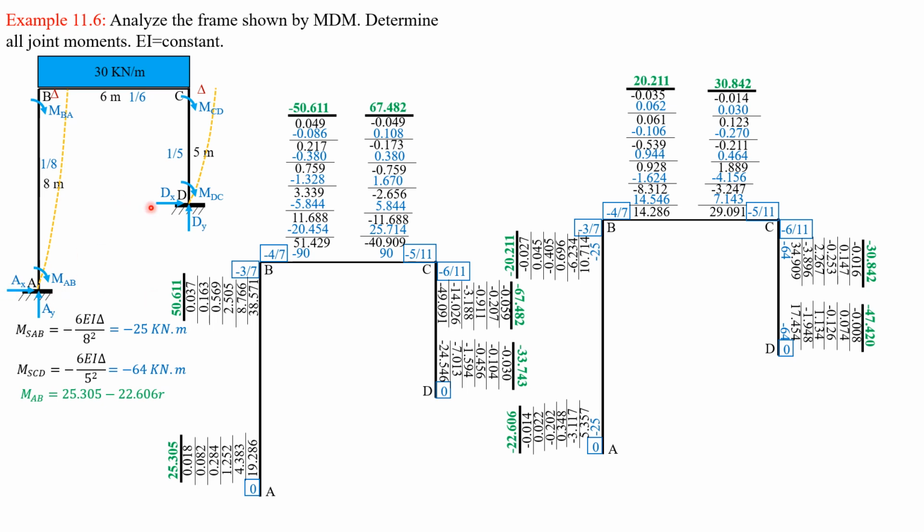So AX plus DX equals 0. I assume that the reactions are all rightward, but definitely because there's no inclined load, they are numerically equal.